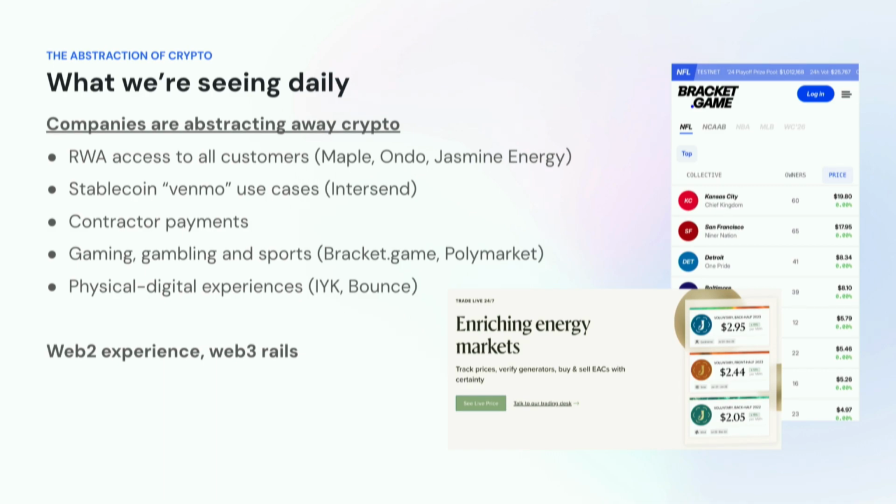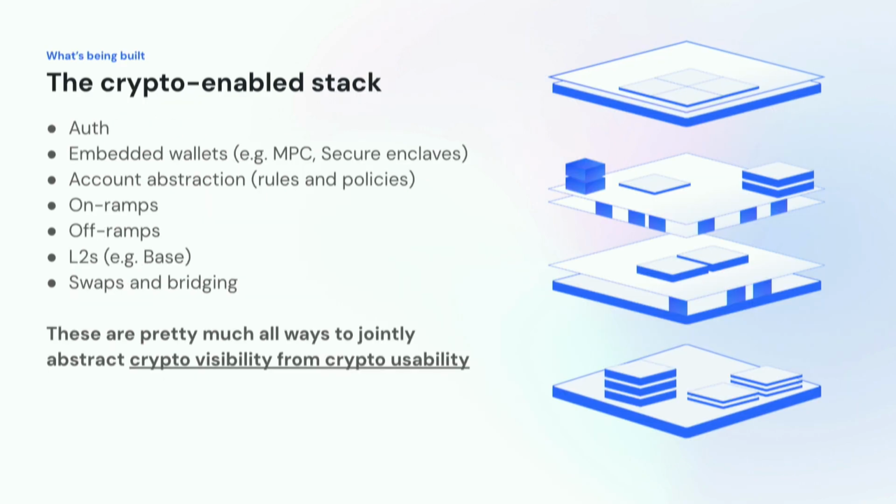Now, in both of those use cases, you actually don't need to know it's crypto, right? You just need to be able to transfer money from Turkey to the Baltics, or you just need to be able to buy US treasuries from Argentina, right? So we're seeing a lot of the use cases that leverage crypto without ever showing it. It's pretty much a new type of company that we're seeing every day.